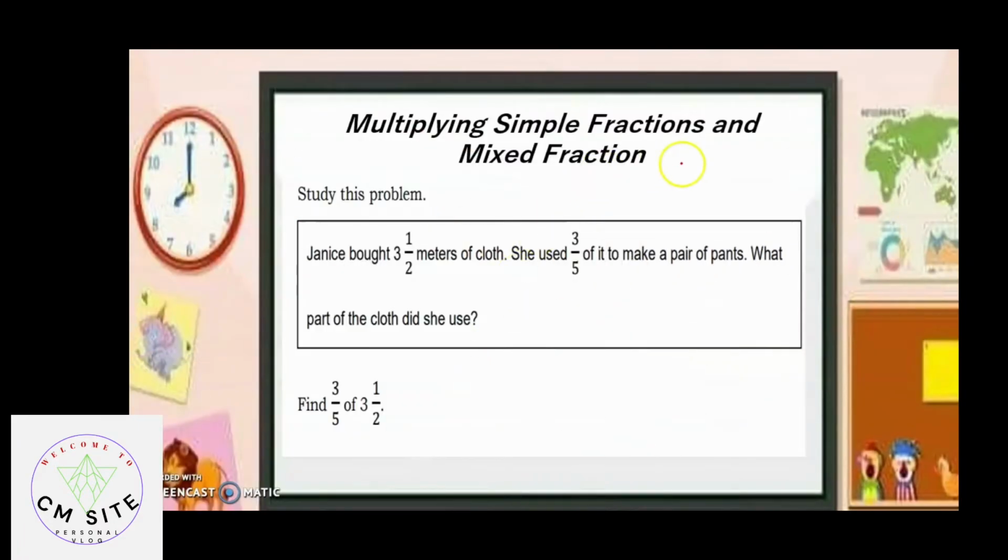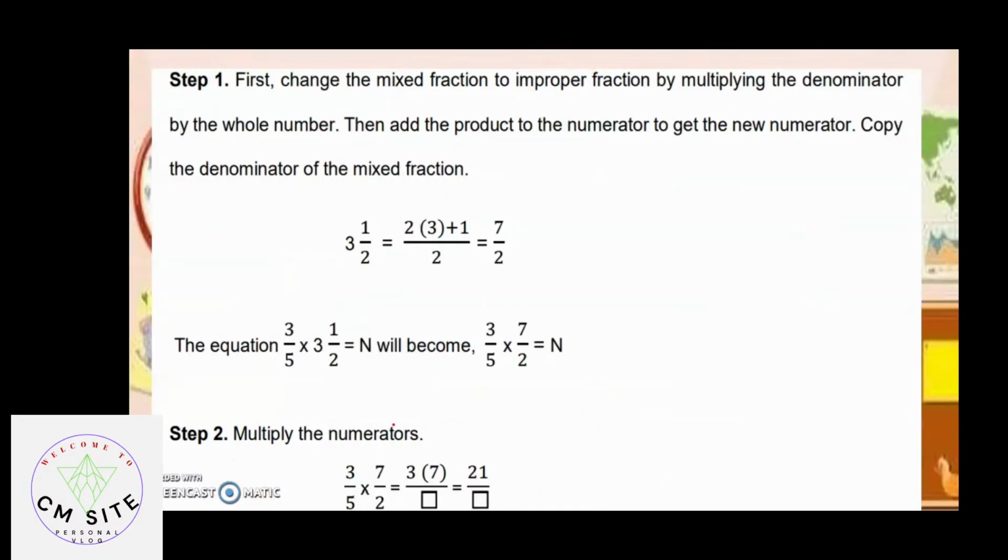Next, multiplying simple fraction and mixed fraction. We have here the problem. So let's find the 3/5 of 3 and 1/2. So, the first step, we need to change the mixed fraction into improper fraction by multiplying the denominator and the whole number plus the numerator.